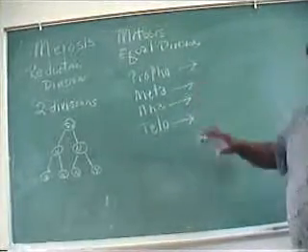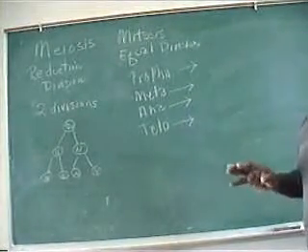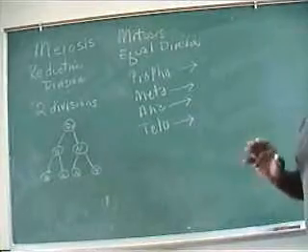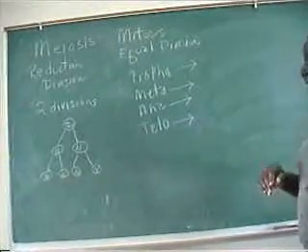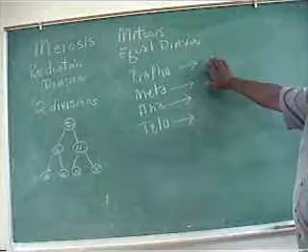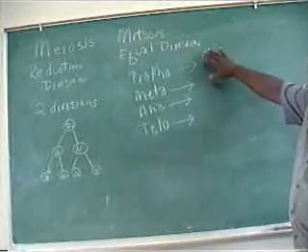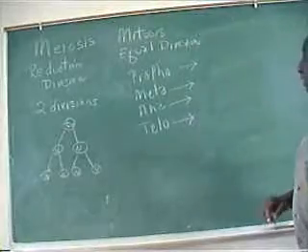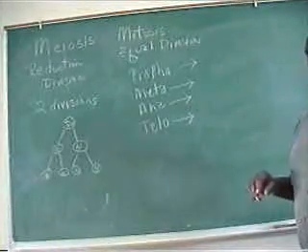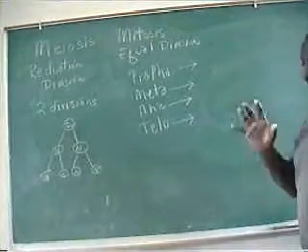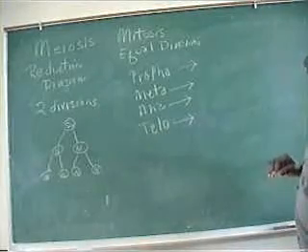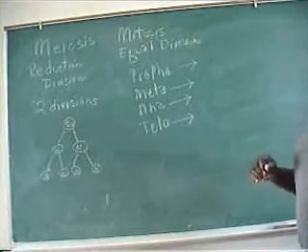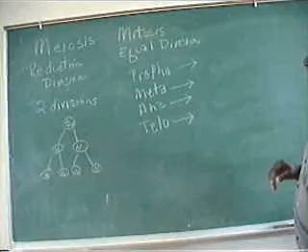If it's a plant cell, you should not use the word centrioles, because centrioles have not been observed in higher plants. So in prophase, if it's an animal cell, the centrioles divide and start migrating to opposite poles. Spindle fibers form, in both animals and plants. Spindle fibers attach to centromeres, in both animals and plants.